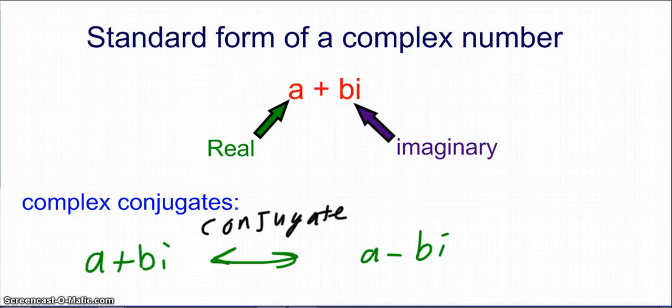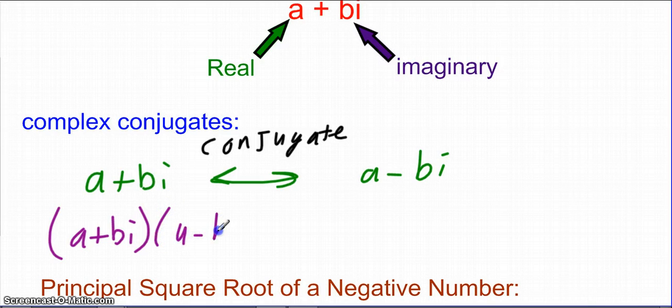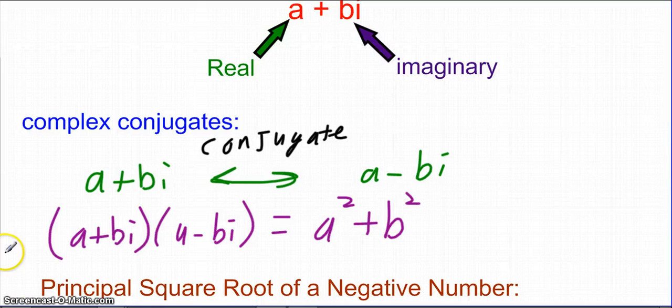Well, the nice thing about using conjugates with complex numbers is similar to when we have conjugates with irrational numbers, and that is if we multiply the conjugates together, then the imaginary part is going to go away. So if I do a plus bi times a minus bi, this is going to equal a squared plus b squared. So we can see in this product then that the imaginary part is gone.